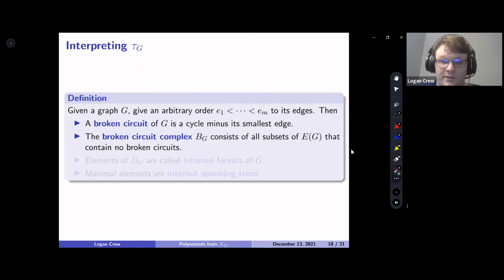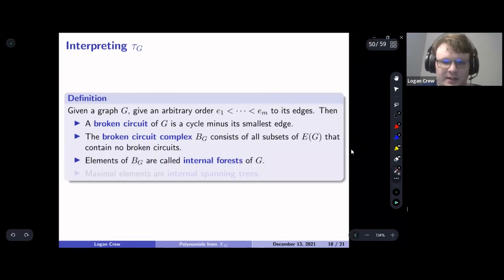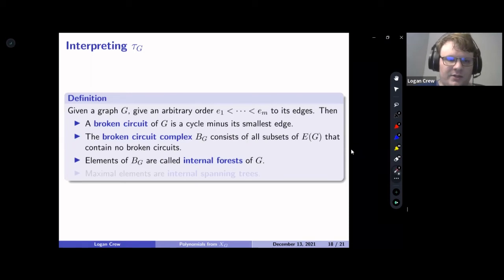One thing that's worth noting, all of these elements are certainly at least forests, because if you contain a cycle, then you certainly contain a cycle minus its smallest edge. But in fact, you only contain forests that are not missing from a cycle its smallest edge. In this sense, we call elements of BG internal forests, where this name is related to internal and external activity.